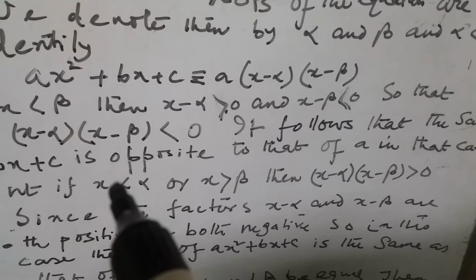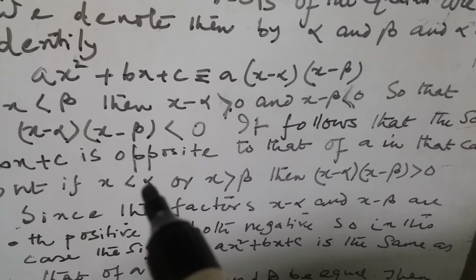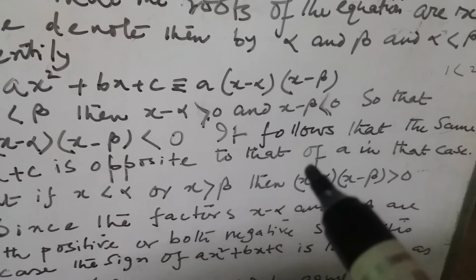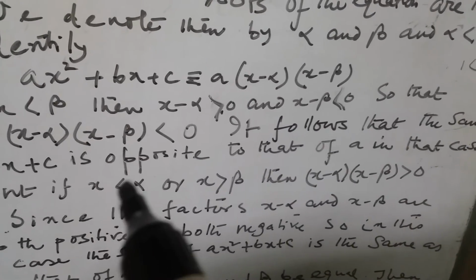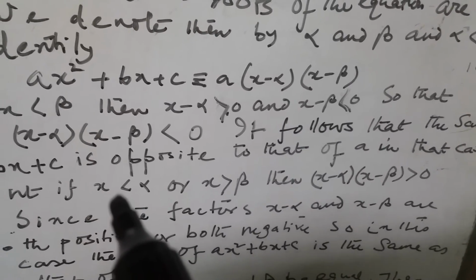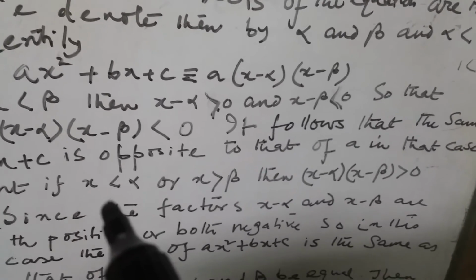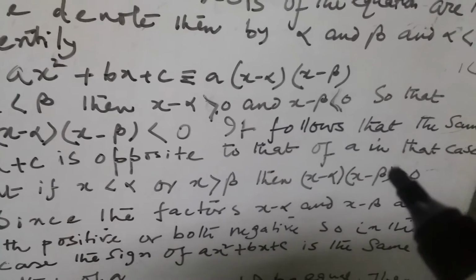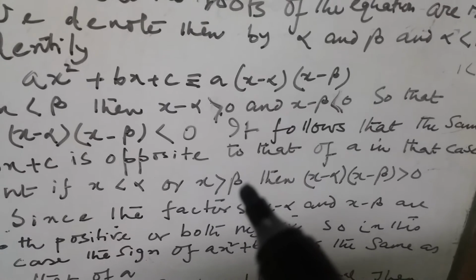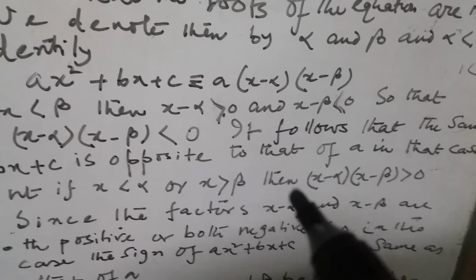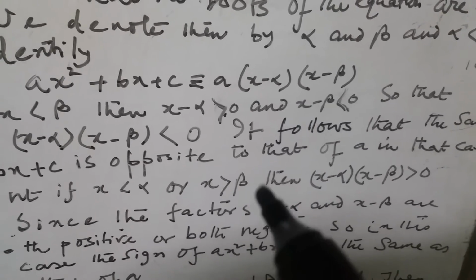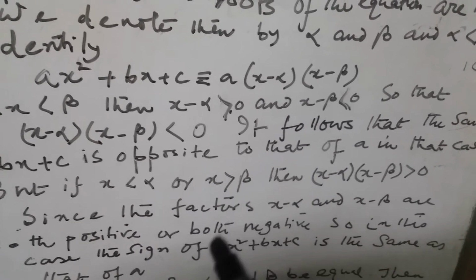If x minus alpha is less than 0, then x minus beta is also less than 0, because beta is greater than alpha. If both are negative, then the multiplication is positive, so greater than 0. If x is greater than beta, and beta is greater than alpha, then x minus beta is greater than 0 and x minus alpha is greater than 0.